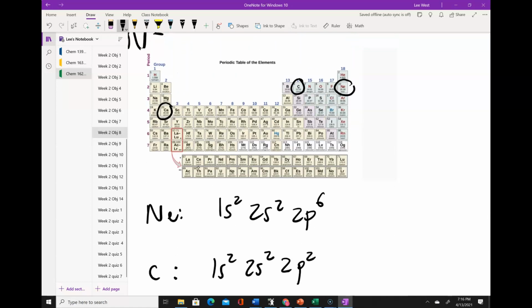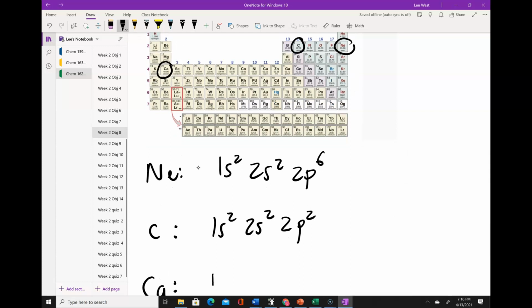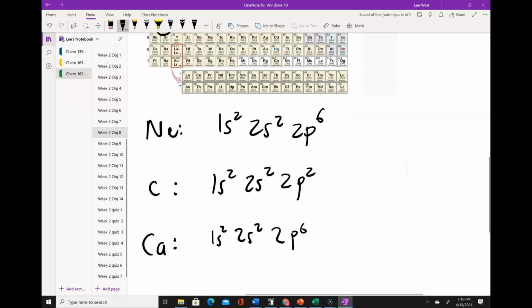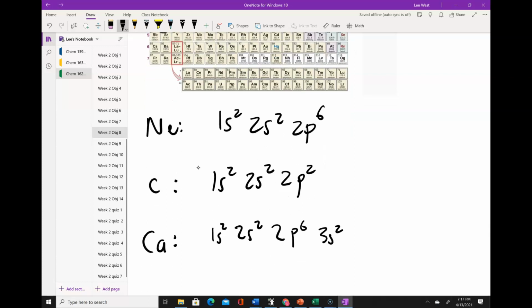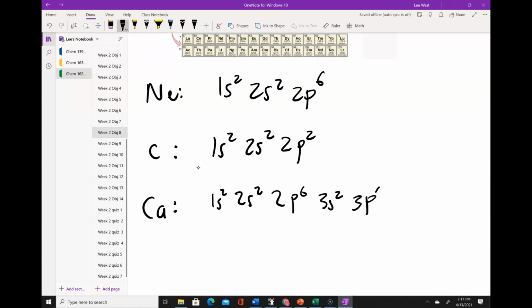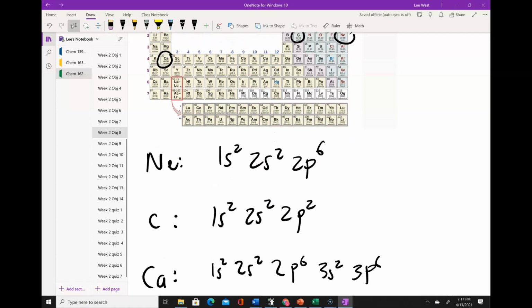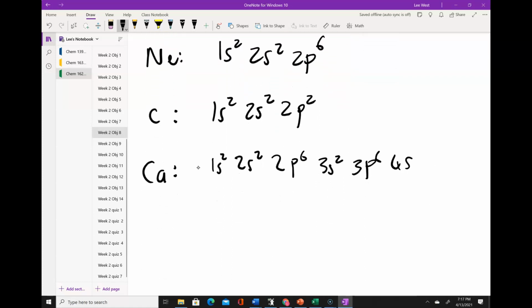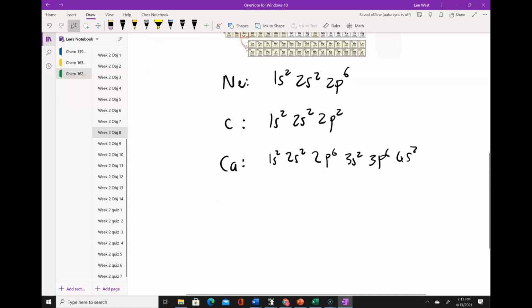So calcium, it's going to go 1s2 gets me to helium, 2s2 gets me to beryllium, 2p6 gets me to neon, 3s2 gets me to magnesium, 3p6 gets me to argon, and then finally 4s1, 4s2 gets me to neutral calcium atoms.